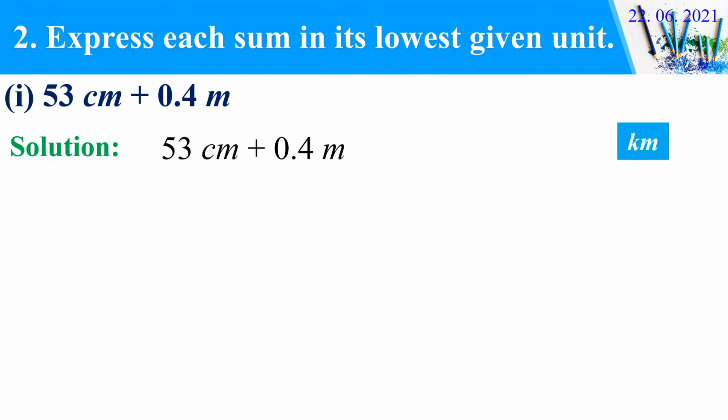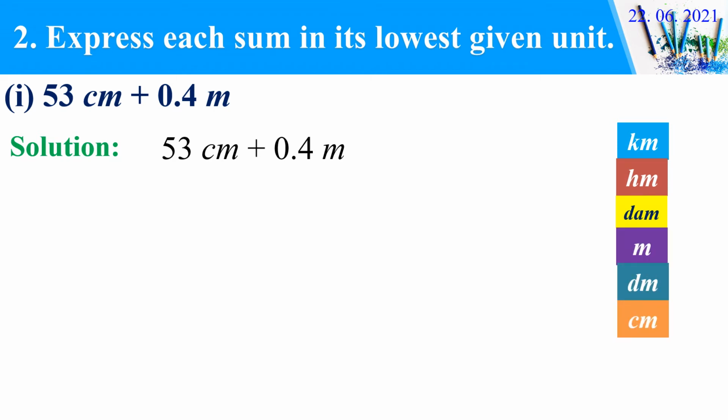We know very well that kilometer is in the first position in the steps, and next to kilometer is hectometer, next decameter, next the basic unit meter, and decimeter, centimeter, and finally millimeter. And we know that from meter to centimeter we have to move 2 steps, so 1 meter is equal to 100 centimeter because 10 into 10 is 100.